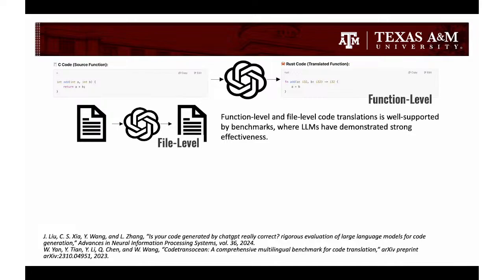LLMs have transformed code translation from traditional rule-based approaches to a more automated and data-driven way. There are now several frameworks and benchmarks, such as CoST and CodeTrans, that have proved LLMs can produce translations that are both syntactically and semantically correct at function and file level.